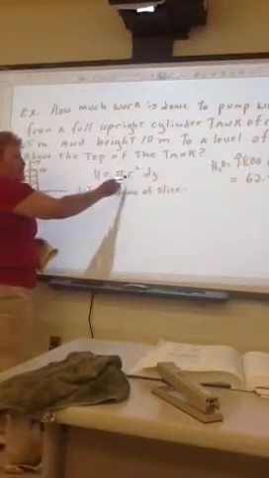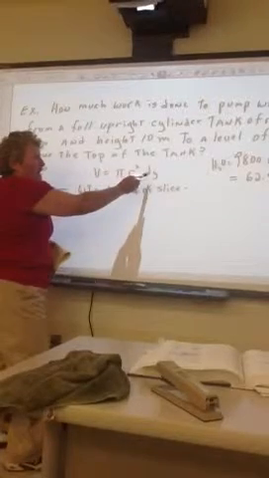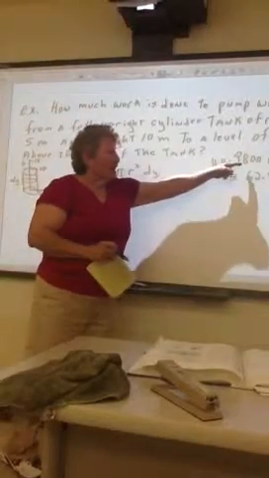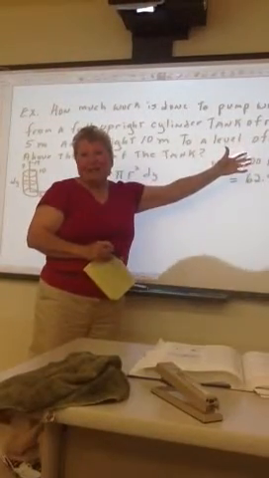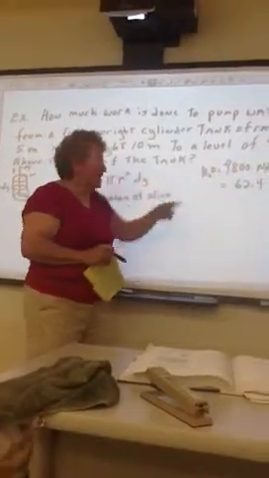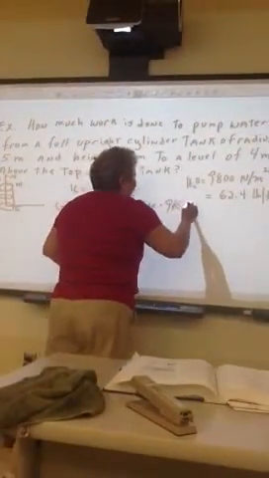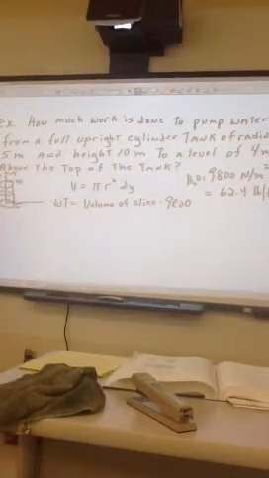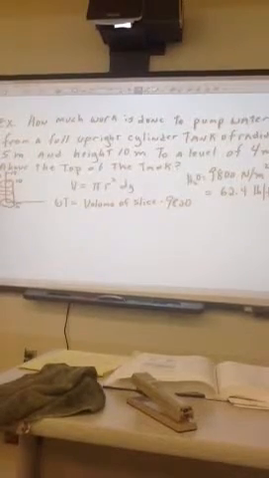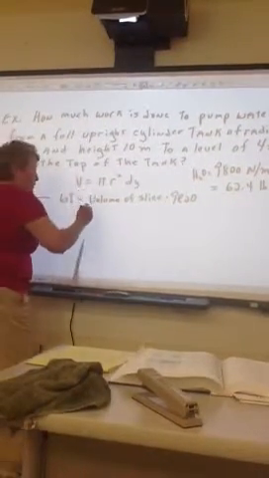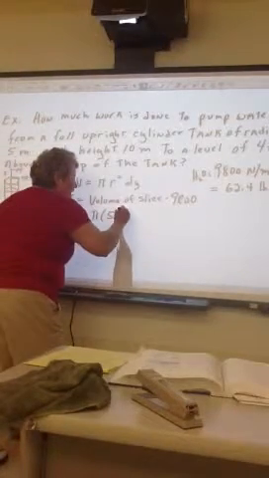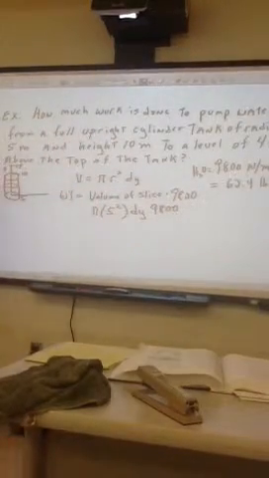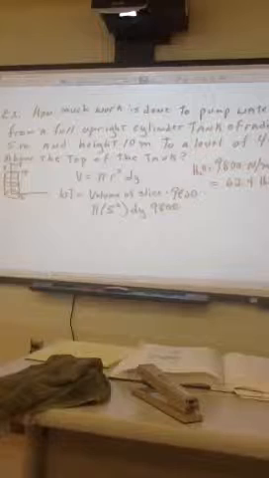When I do this, that's meters squared times meters, so this is really cubic meters, and I'm going to be multiplying it times newtons per cubic meter, so I need to use this 9,800 figure. So I'm just going to put 9,800 in here. Hopefully that'll make sense to you. Now, actually, we can do better than this. What's the radius? Yeah, the radius is 5. So I've really got pi times 5 squared times dy times 9,800. There's my slice.